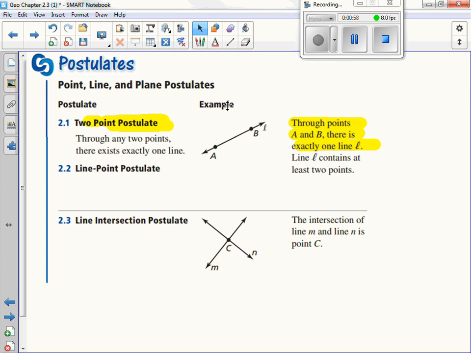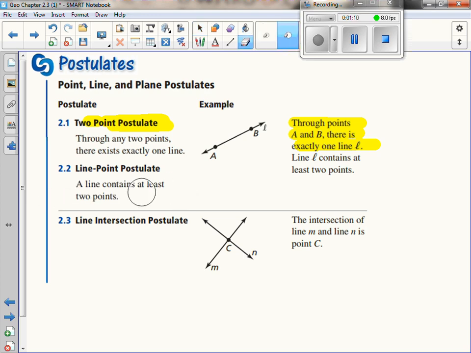Well, we know that, yes? Because when we went over lines, we talked about the fact that through any 2 points, there exists one line. Well, we can say the opposite, can't we? A line contains at least 2 points.